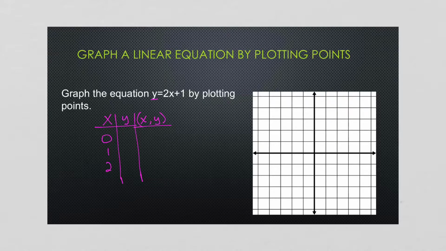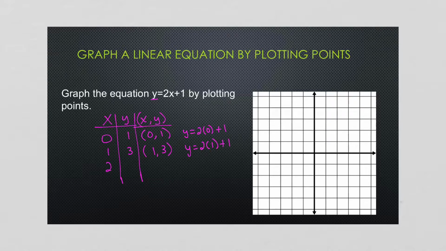So y is equal to 2 times 0 plus 1, so that is 1. So I have a dot at 0, 1. Now I'm going to put in 1 where I see x. 2 times 1 is 2. 2 plus 1 is 3.